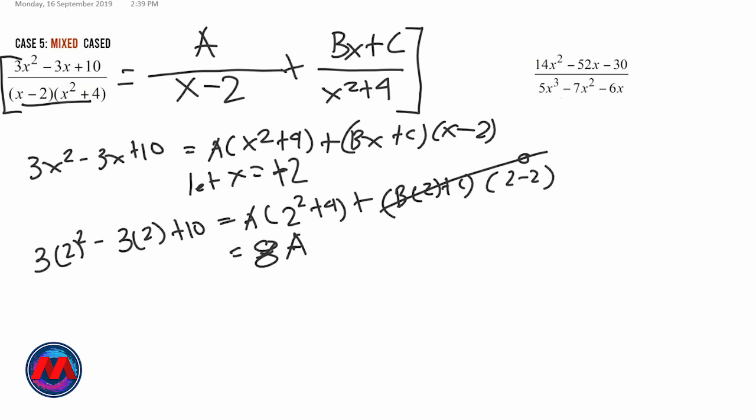Dito, 2 squared is 4, times 3 is 12, minus 3 times 2 is 6, plus 10. So that's 8A. 12 minus 6 is 6, plus 10, that's 16 over 8.